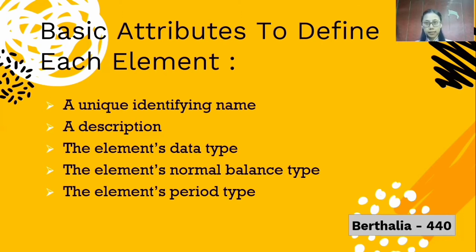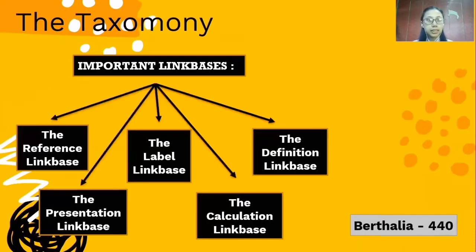And the next is taxonomy. So what is taxonomy? Taxonomy itself is a set of files called link bases that define the relationship among the elements in a specific instance document. So here there are 5 important link bases. The first is the reference link bases that identify the relevant authoritative pronouncement.